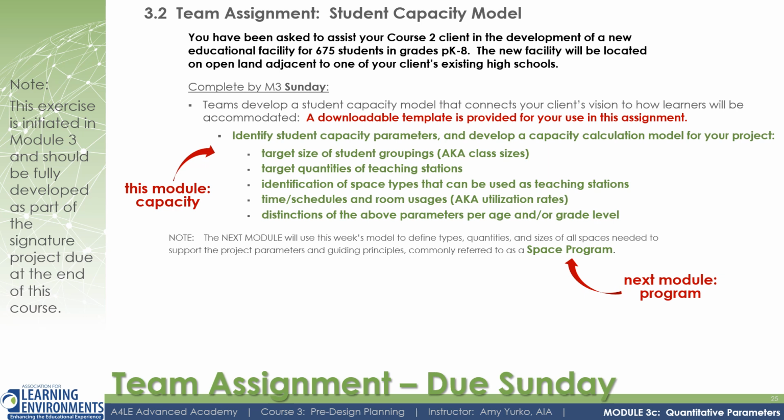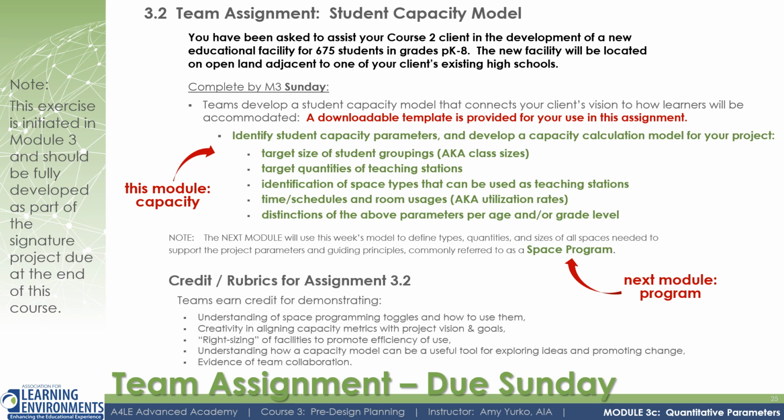Keep in mind that the next module will use this week's model to define space types and quantities and sizes. That's typically referred to as a space program. That will come next. This one is a capacity model that will inform the space program, but it is not intended to be a space program.